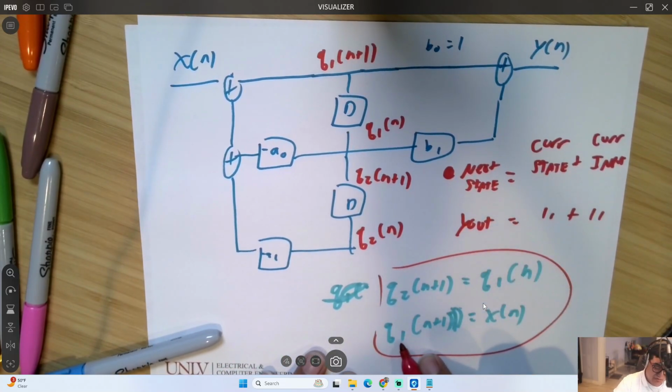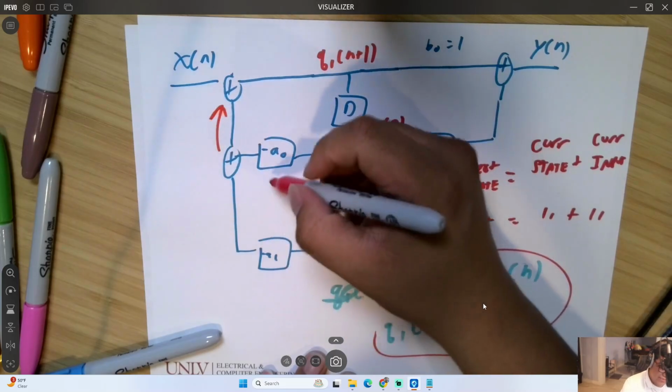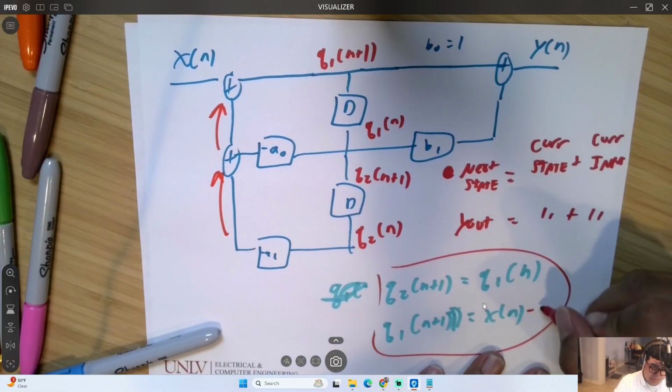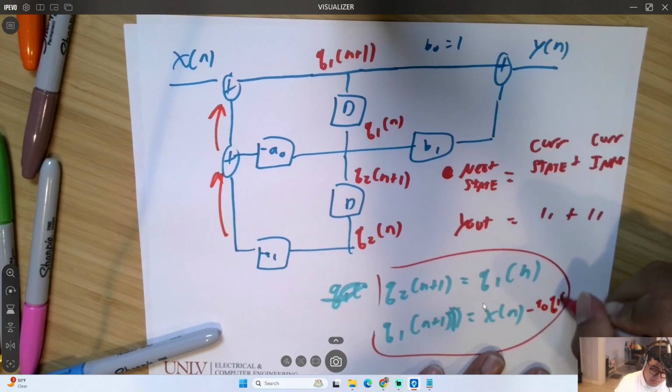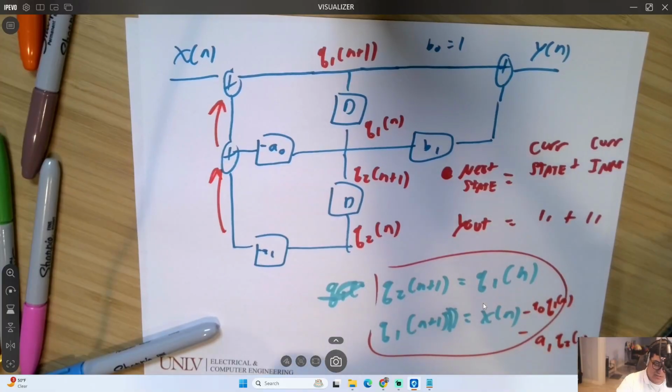Q of n plus 1 is equal to whatever this guy is, and this guy is, so minus a0 q1 of n minus a1 q2 of n. And then I'll let you guys do the mathematics on that one.